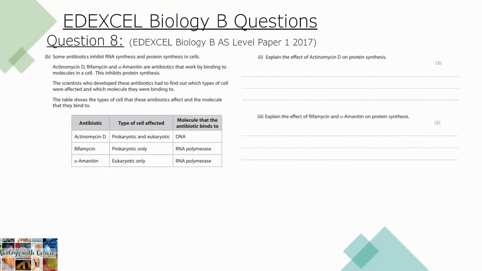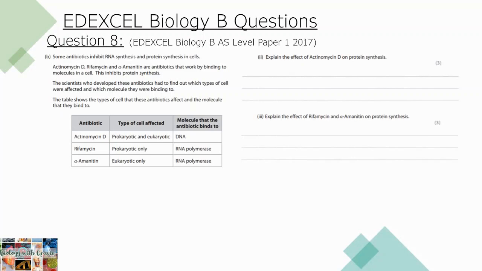Question 8. Some antibiotics inhibit RNA synthesis and protein synthesis in cells. Actinomycin D, rifamycin and A-amanitin are antibiotics that work by binding to molecules in a cell. This inhibits protein synthesis. The scientists who developed these antibiotics had to find out which types of cell were affected and which molecule they were binding to.